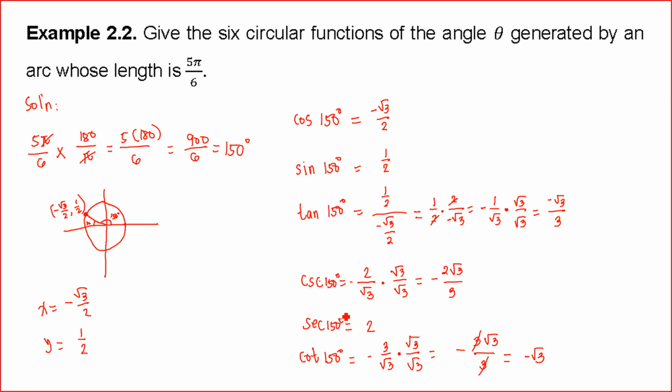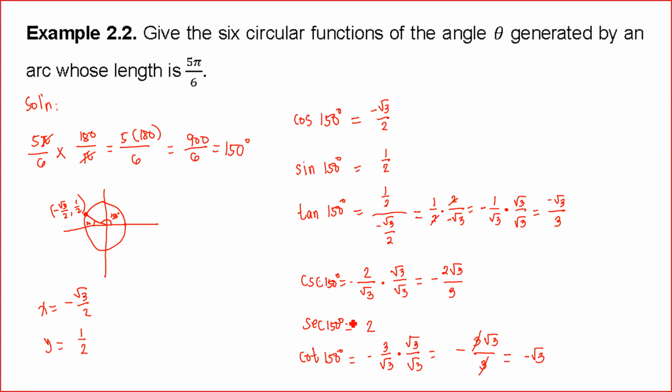So in other words, the 6 circular functions whose arc length is 5 pi over 6: cosine 150 degrees, or cosine 5 pi over 6, they are just the same, is equal to negative square root of 3 over 2. The sine 150 degrees is 1/2.